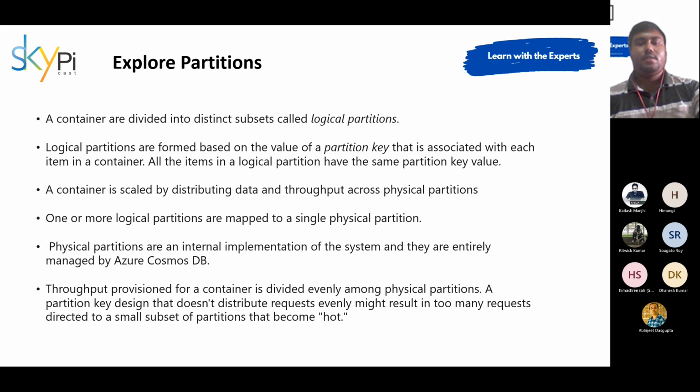If we partition in such a way that all the data that will ever be needed is in a single partition, and other data that will never be needed is in a different partition, then of course we'll be getting all the requests in that partition only, and we will be wasting the throughput that is divided to the other partition. So that is what it means by becoming hot. That is not efficient utilization of resources in our scenario.